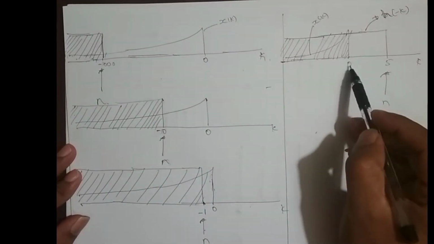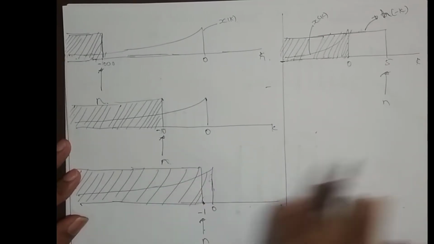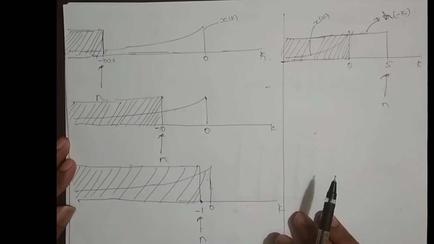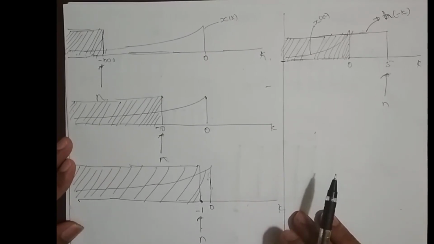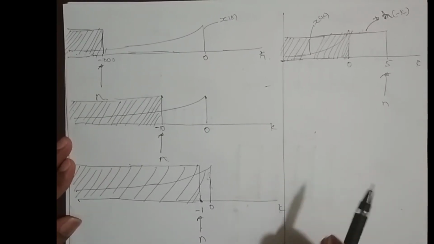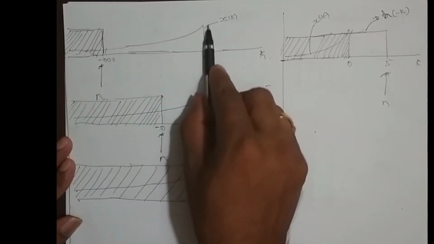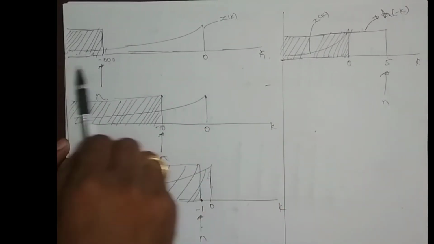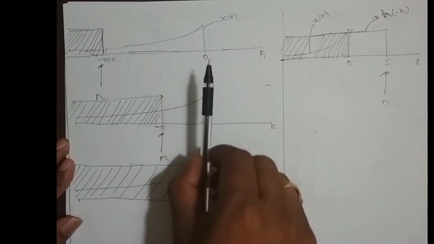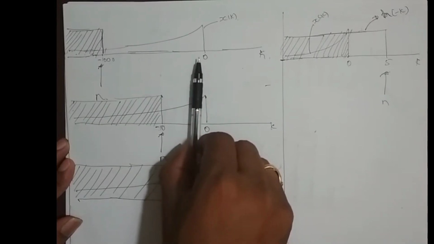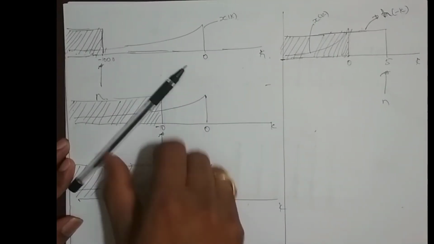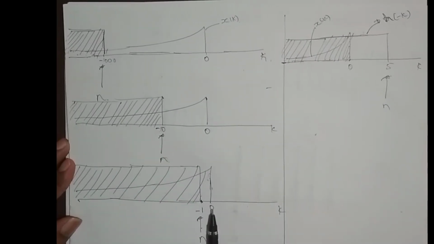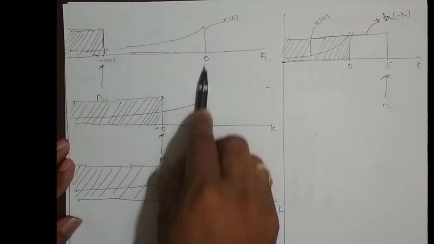So this is what is happening with respect to the overlapping region of the sequences x of k and h of minus k. From minus infinity to 0, the equation for the overlap region will vary depending upon where I keep this n, till I move the slider from minus infinity to 0.